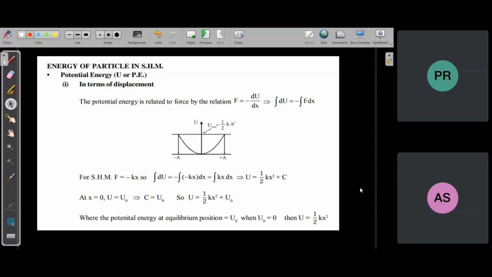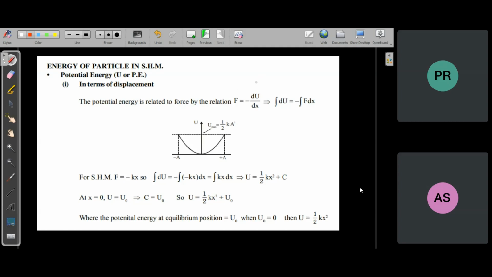It proves that the particle is in a stable equilibrium at the mean position. Now, you know that potential energy is always defined for a conservative force. And here you can see that the restoring force acting on the particle will definitely be a conservative force, because only then will there be a potential energy associated with it.